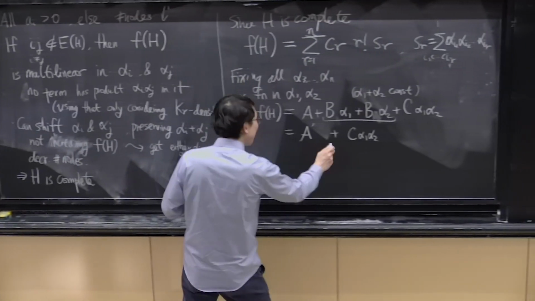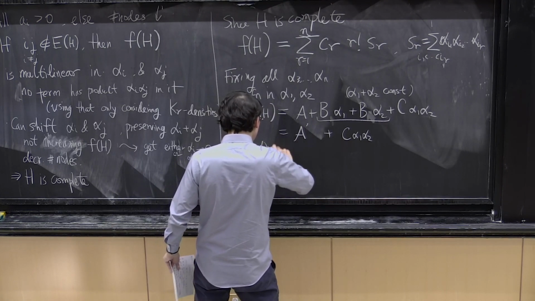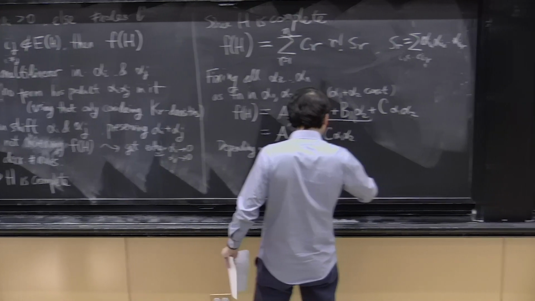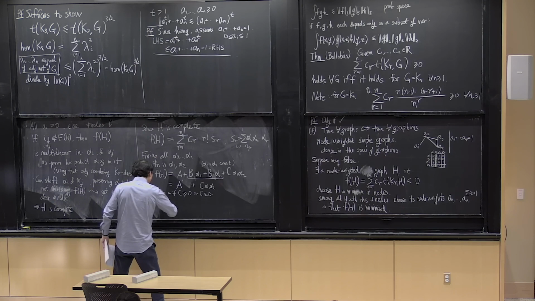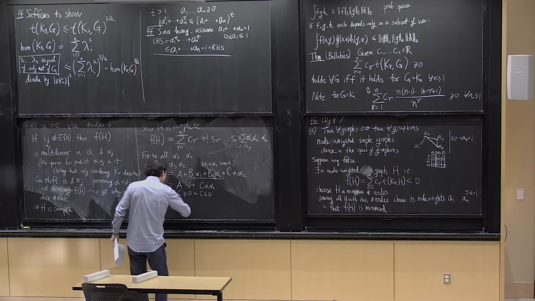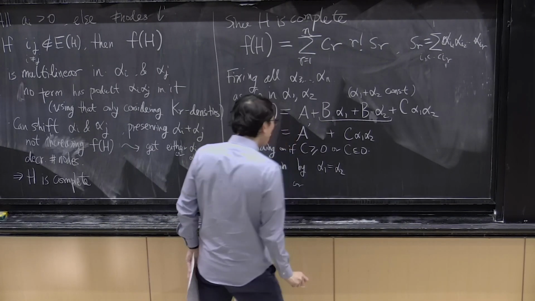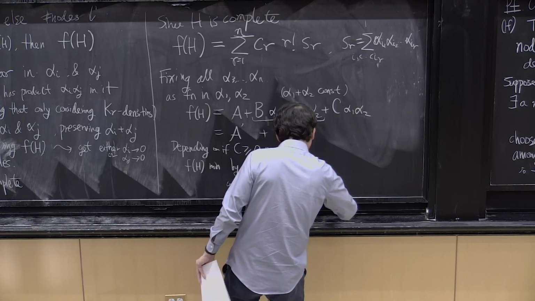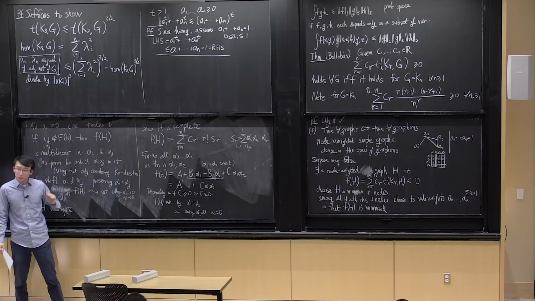So there are two possibilities, depending on whether C is positive or negative, or I guess 0. F is minimized by either the two alphas being equal to each other, or one of the two alphas being 0. The latter cannot occur because we assume minimality, so the first must occur.